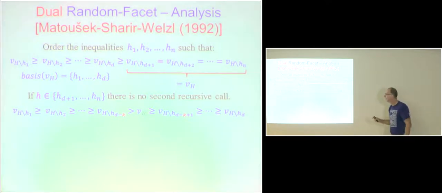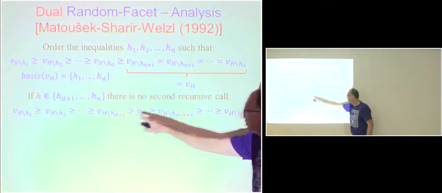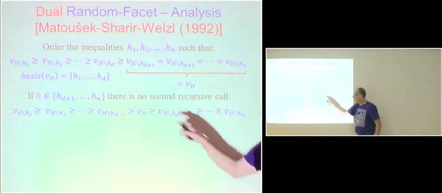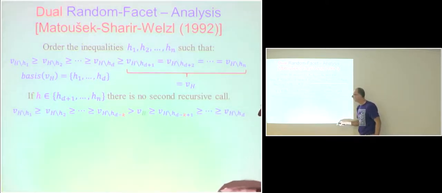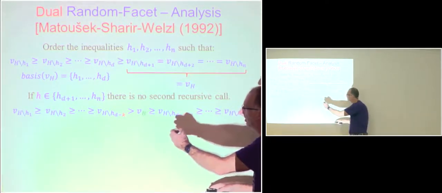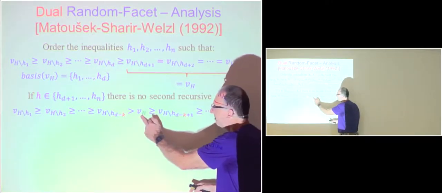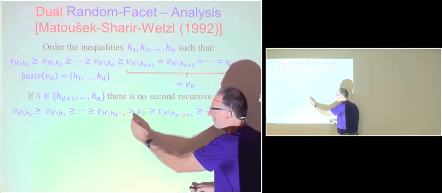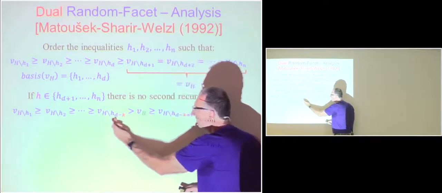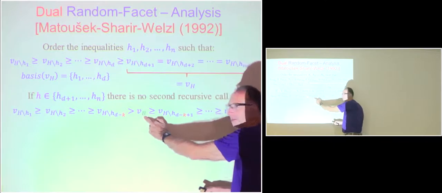Okay? And I let k be the unique index in which the following happens. Now note that I look at the maximal number of items here which are strictly larger than v of b.